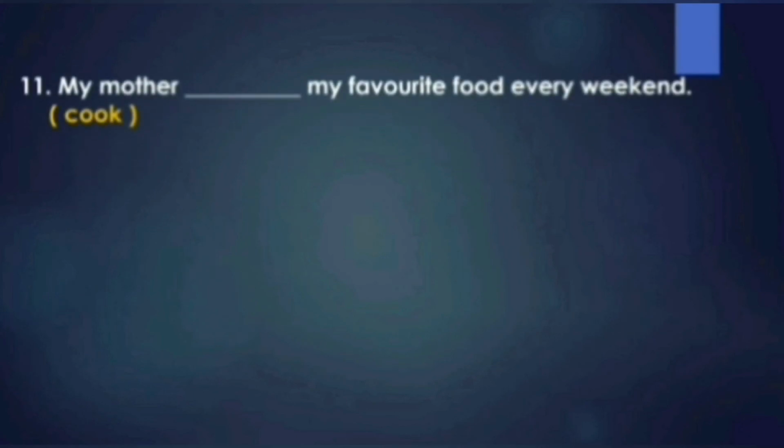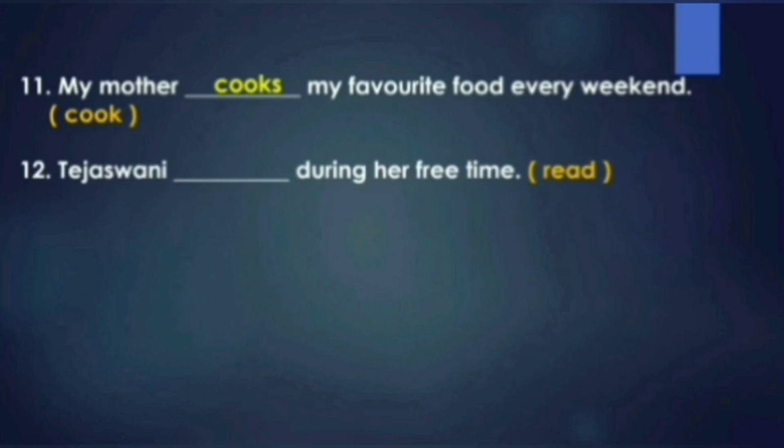11th one, my mother dash my favorite food every weekend. The answer is: my mother cooks my favorite food every weekend. 12th one, Tejaswini dash during her free time.